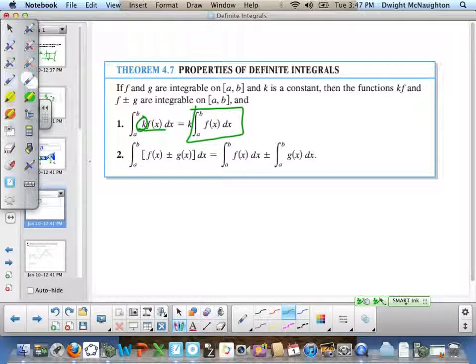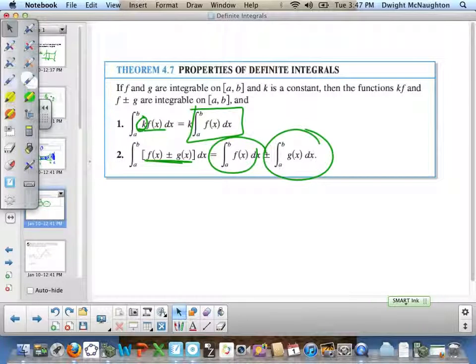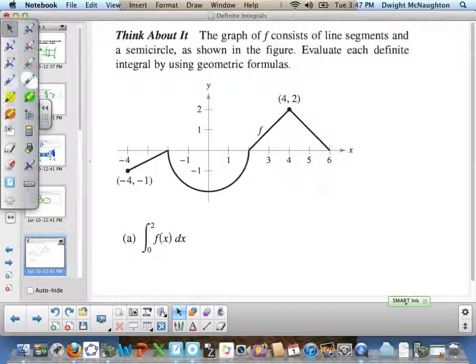All right? And then adding or subtracting integrals, you can split those up into different integrations. Just like with differentiating, you can split addition. Integration, you can split addition.